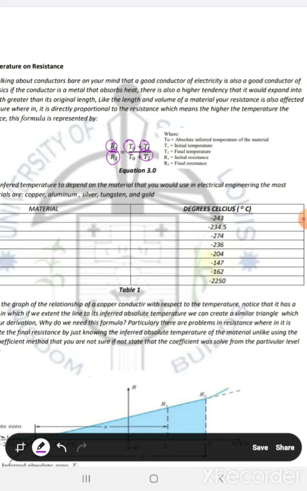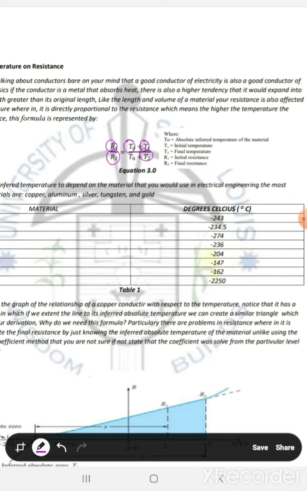Your T0 is the inferred absolute temperature. So why do we have an inferred absolute temperature? Basically, temperature has a profound effect on resistance, and hence it is important that we determine a method to find the resistance at any temperature within the limit of operation.